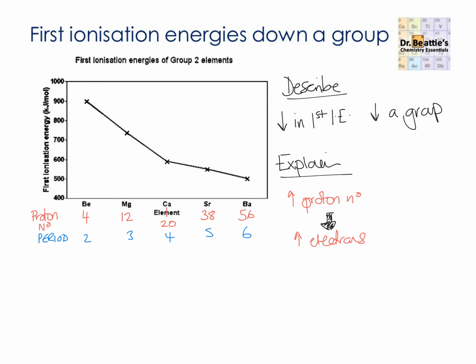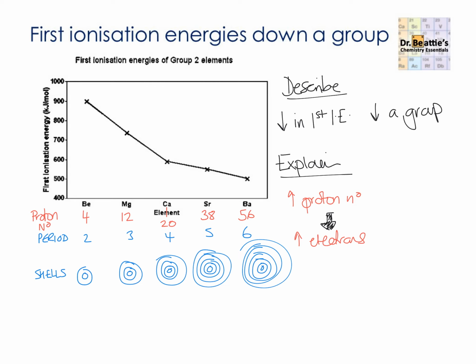So their overall structure looks like so. And so you can see the number of shells increases as our proton number increases. And more importantly, it's the inner shells that we're interested in. So here we've got one inner shell and one outer shell. Two inner shells, three inner shells, four inner shells, five inner shells.